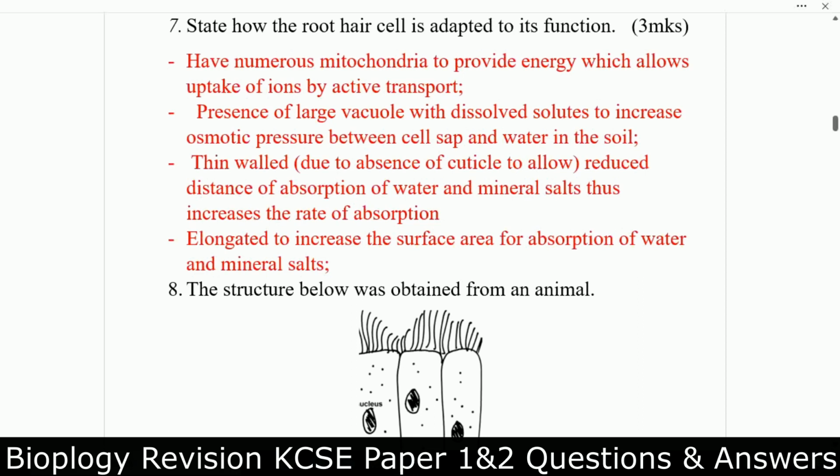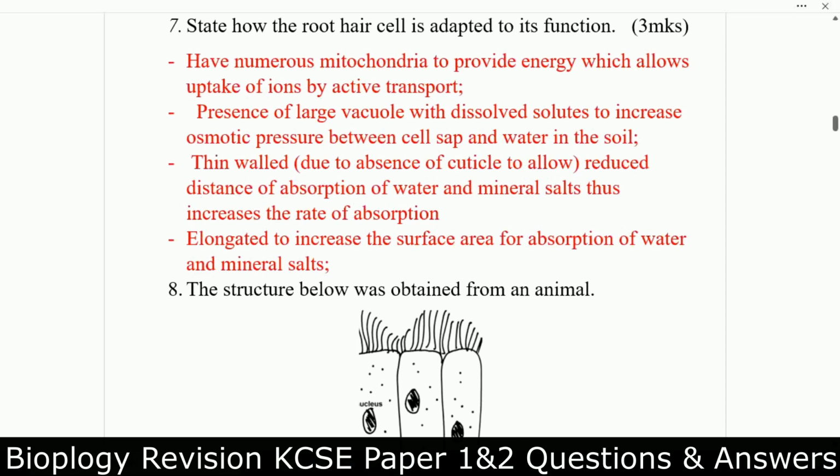Number 3, they are thin walled due to absence of cuticle to allow reduced distance of absorption of water and mineral salt, thus increasing the rate of absorption. And number 4, and the last one, elongated to increase the surface area for absorption of water and mineral salt.